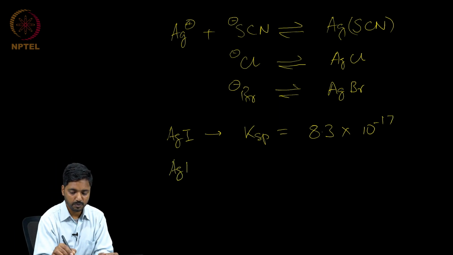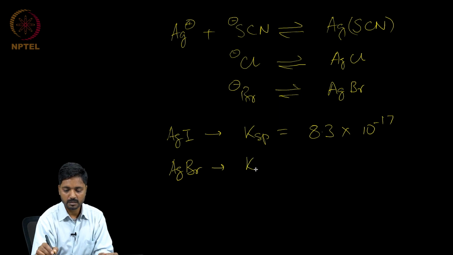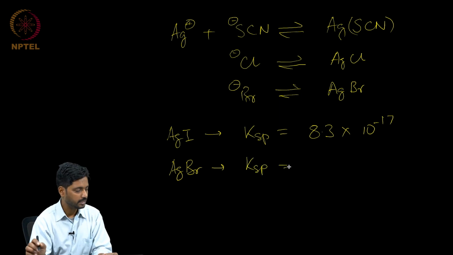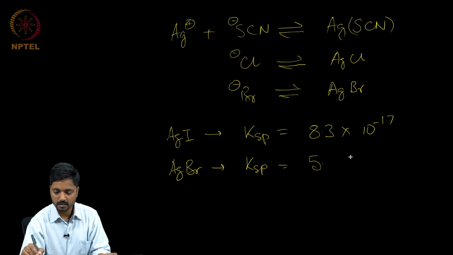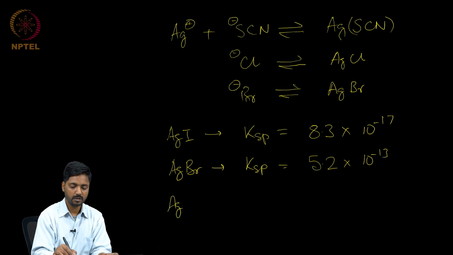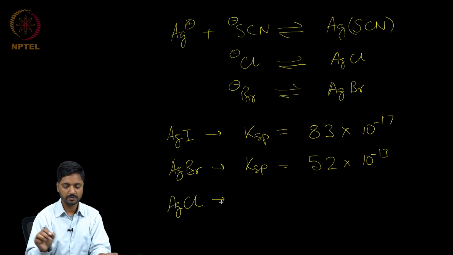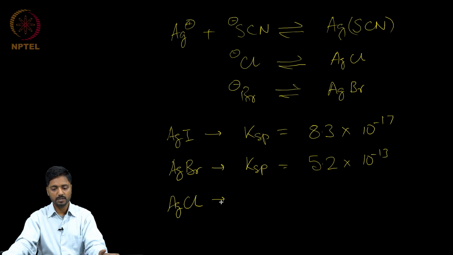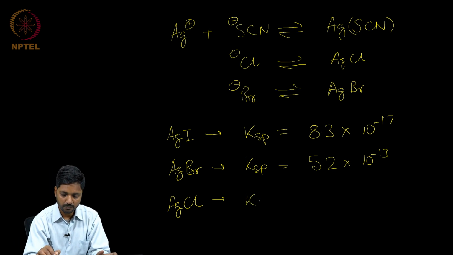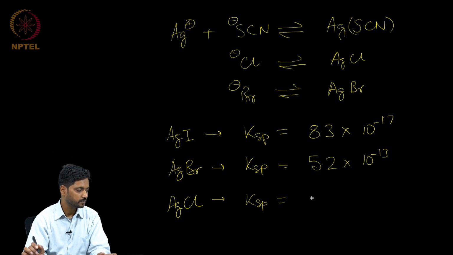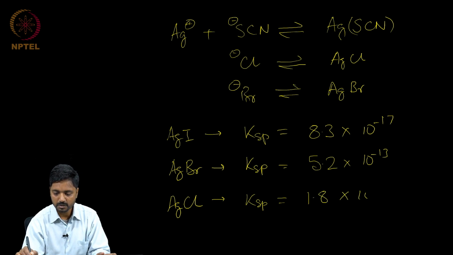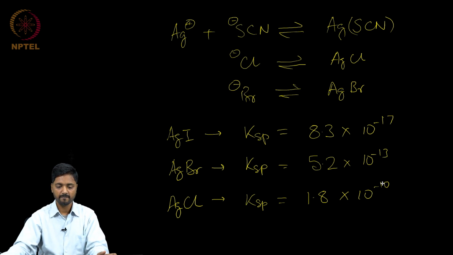Similarly, for silver bromide, the solubility product is a little higher at 10 to the power of minus 13. For silver chloride, which is what we usually use when we are testing the purity of our distilled water, we see the solubility product as 1.8 into 10 to the power of minus 10.